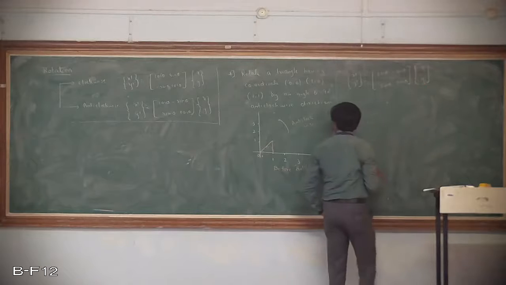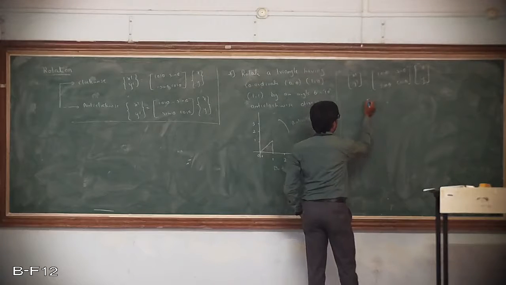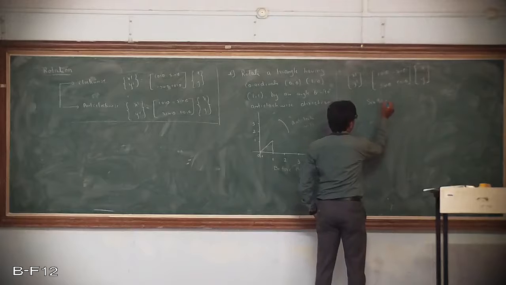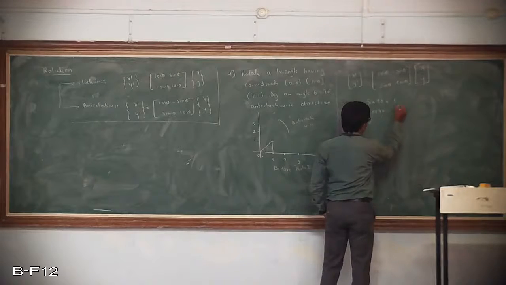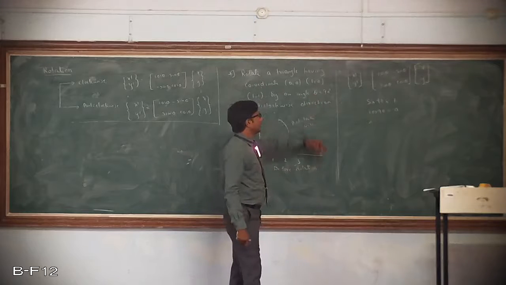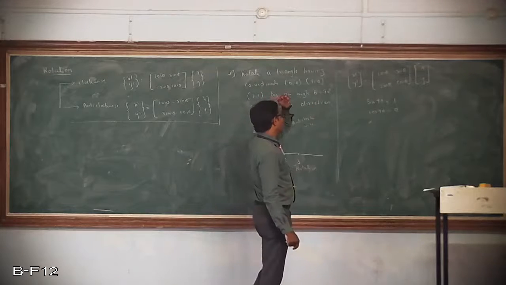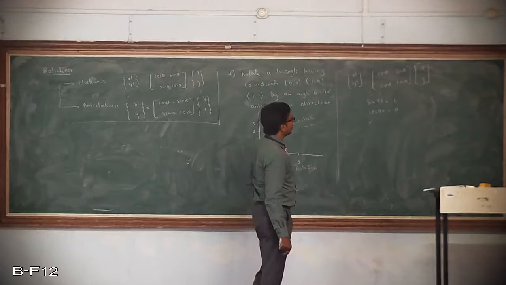We know that theta is 90 degree, so sin 90 will be 1 and cos 90 will be 0. Because the theta given is 90 degree, we do it with respect to that theta: cos 90 is 0 and sin 90 is 1.